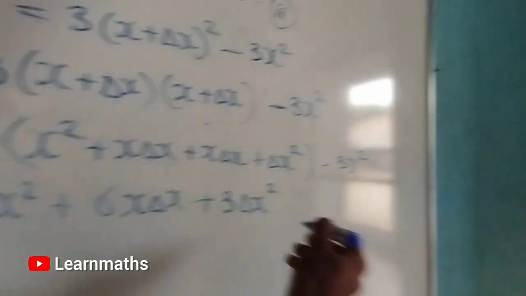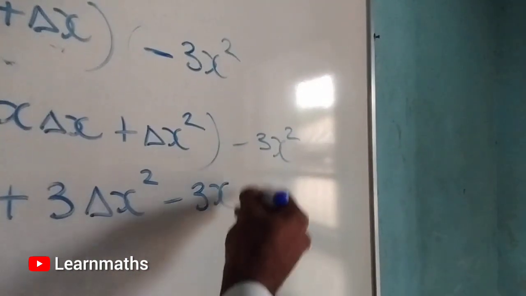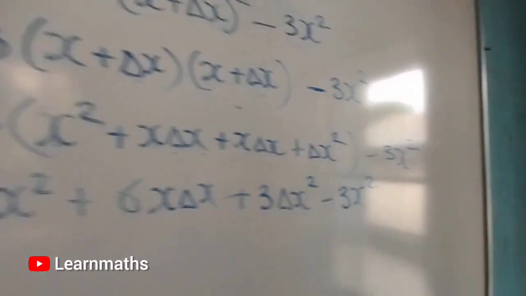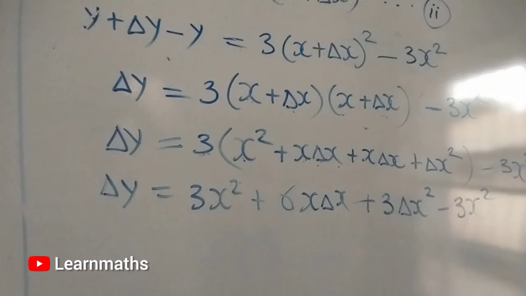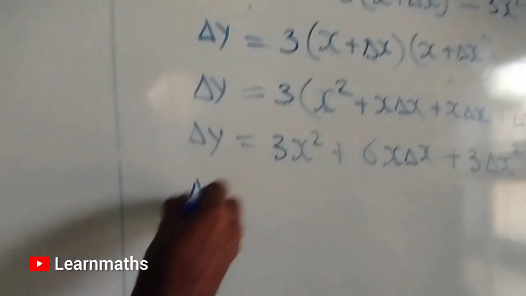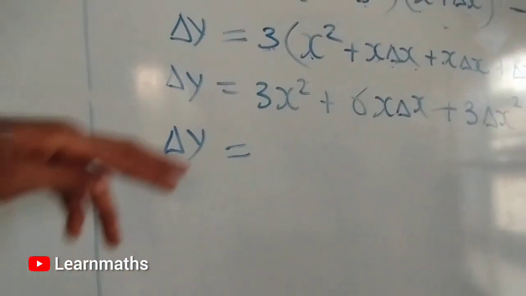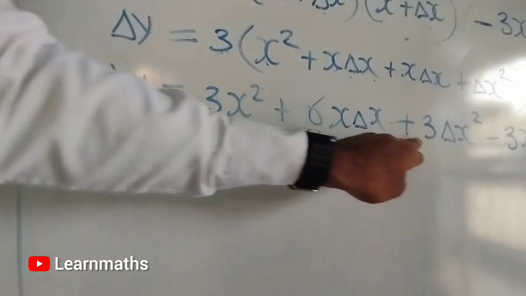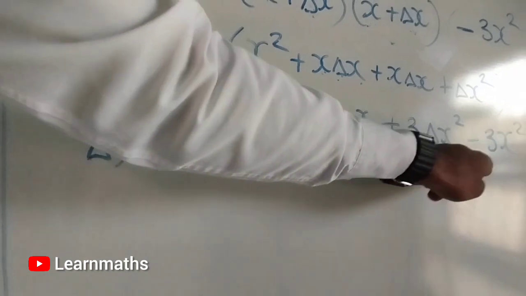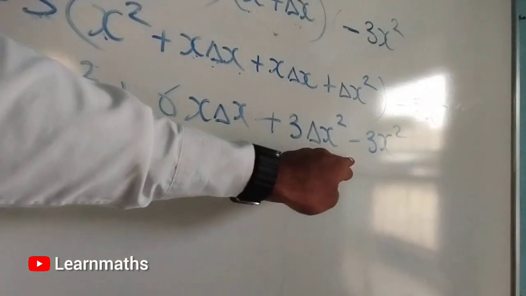Then here we have minus 3x squared. We are still trying to carry out the subtraction of f of x plus change in x minus f of x. So let's see what can happen here. Change in y is going to be equal to, okay, this is 3x squared, right? And this here is minus 3x squared.